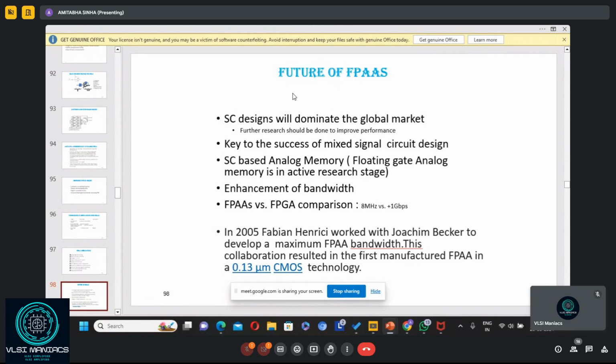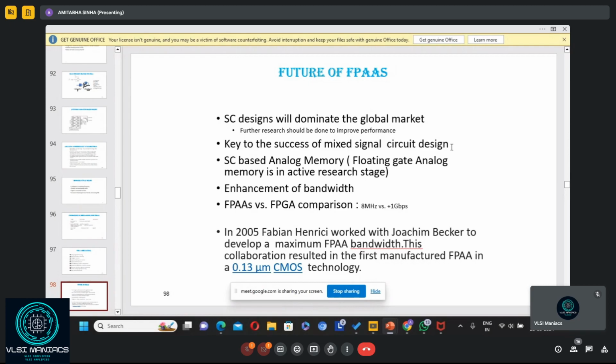So the future of FPGAs, but still a lot of research work is going on. And I've seen some of the research papers where work is also going on to make it faster and faster. So SC designs will dominate the global market. It is expected that in future, because these are key to the success of mixed signal circuit design.